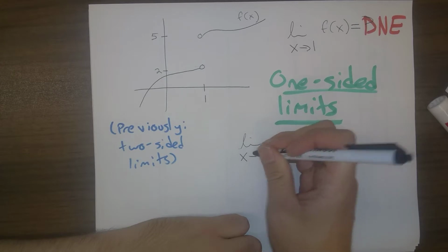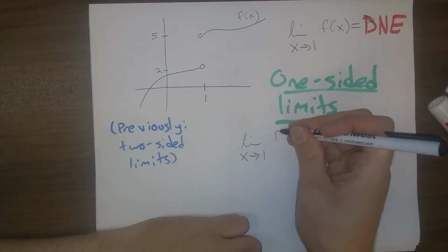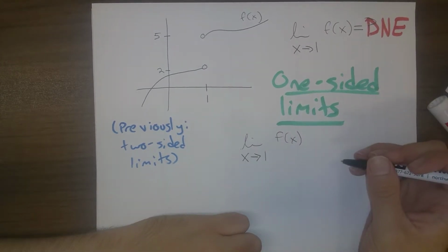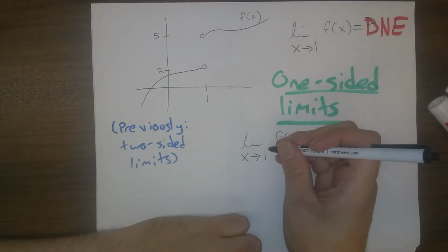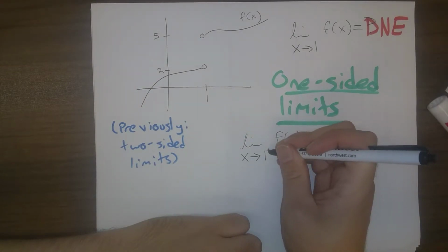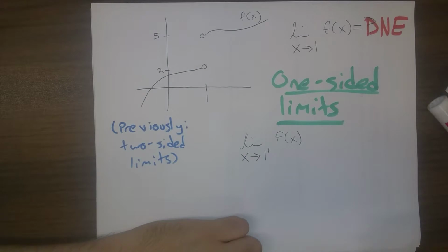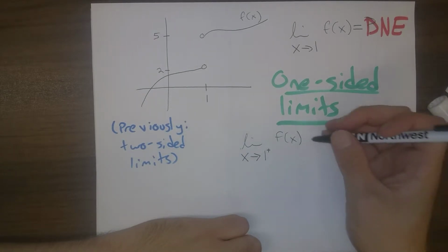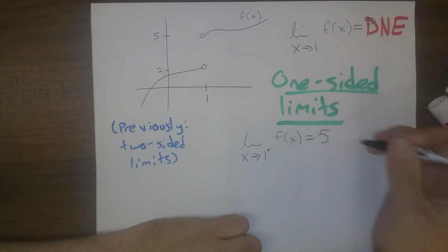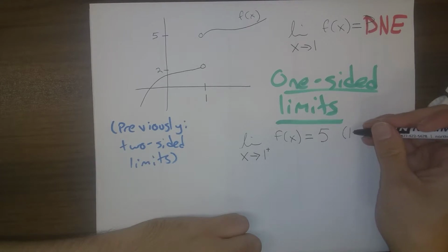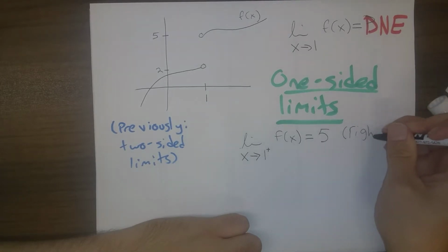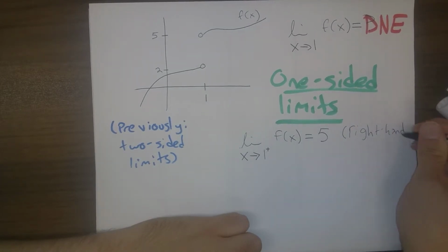The limit as x goes to 1 of f of x, and we want this to be from the right. To indicate that we're coming from the right, we put in a little plus sign. So this is the limit from the right, or we could say the right-hand limit.